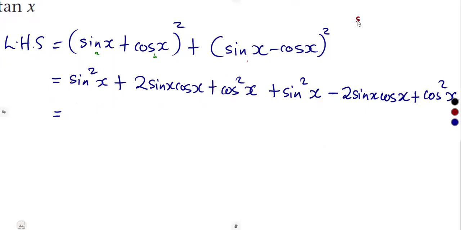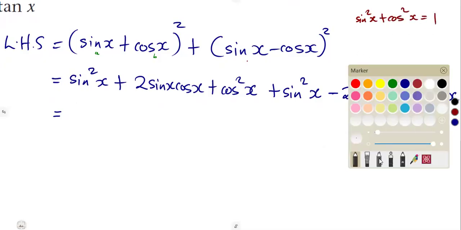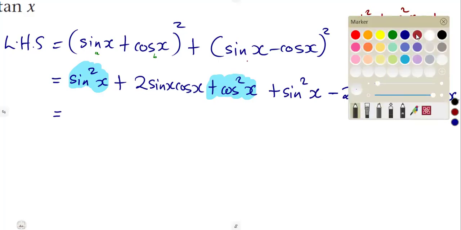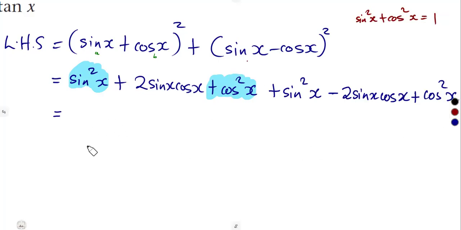Remember, sine squared x plus the cos squared of x is equal to 1. Sine squared of x here, and this cos squared of x. If you add these two, you get a 1. So we are going to have a 1 from these two.